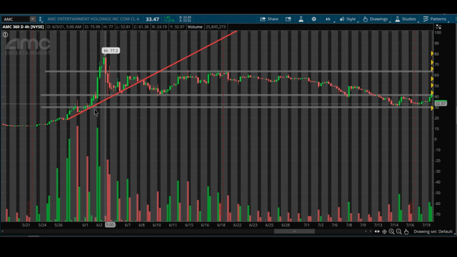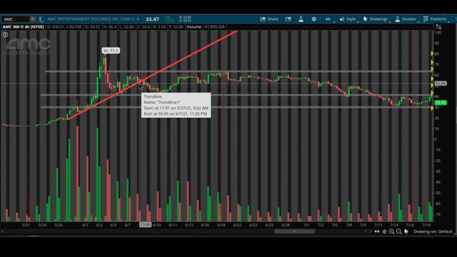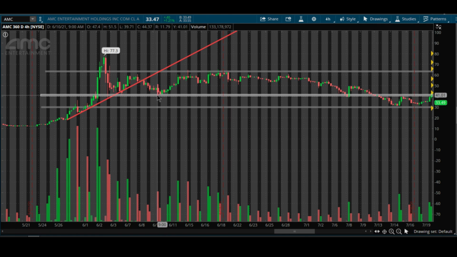But this is why you have to always make sure that you're looking at everything, because once this broke through this upwards trend line, it came down here and retested the support area. But did it break it? No. So keep in mind, you'll always have to adjust the trend lines when you are looking at a trade.